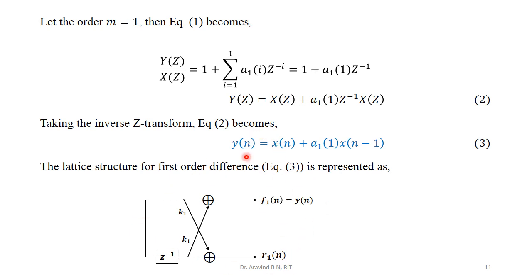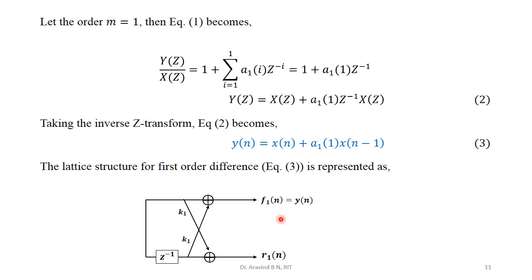So this is the expression for order 1 we have got, and this is the diagrammatic realization of the lattice structure for order 1. The input will always be x(n), then it is divided into two parts, one delayed version, one straightforward version.